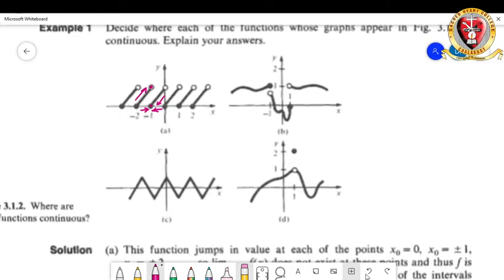So that means it is not continuous at -1, and the same justification can be applied for the points -2, -1, 0, 1, 2, 3, and so on. So here -3 and so on.